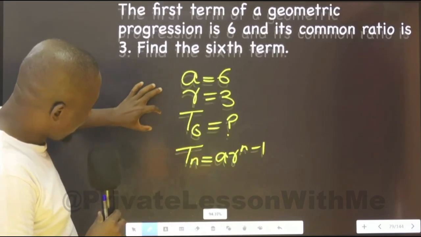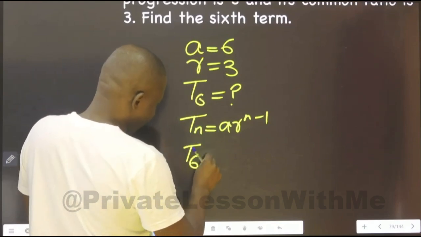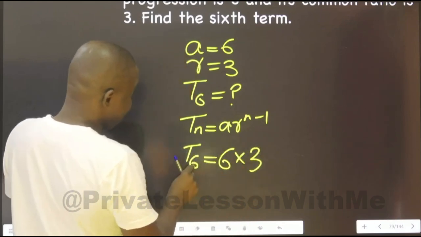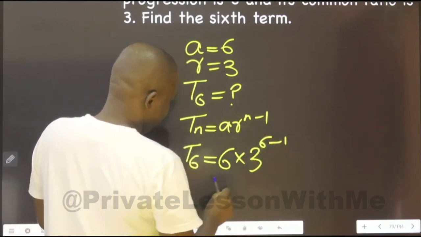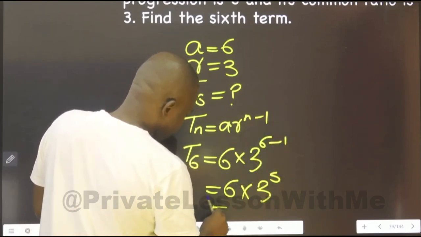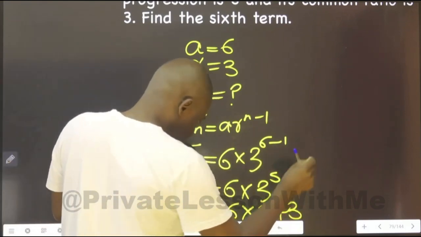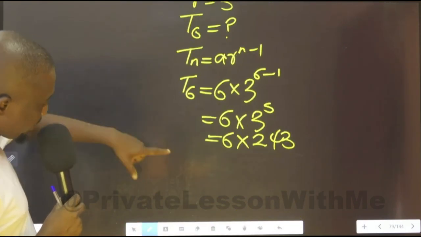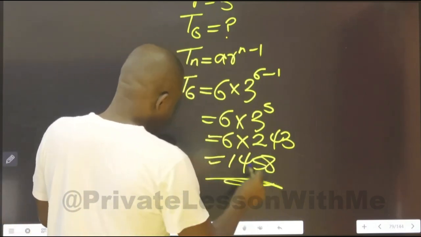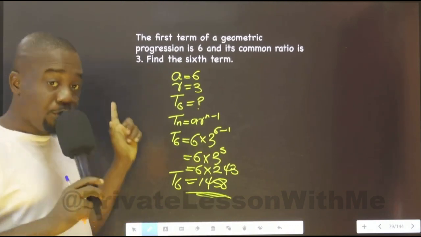So therefore, if you substitute all this here, it means we are looking at the sixth term as equal to 6 multiplied by r, which is 3, then raised to the power 6 minus 1. Then 6 multiplied by 3 raised to the power 5. The next thing you ask yourself, what is 3 raised to the power 5? This is 243. Okay? If you multiply this, you're going to have 1458 as the sixth term for this geometric progression.